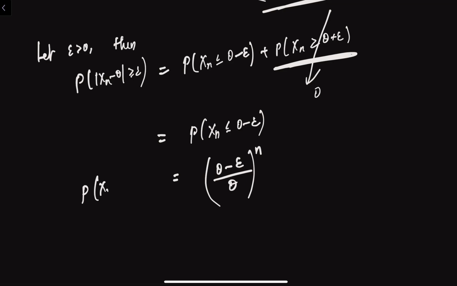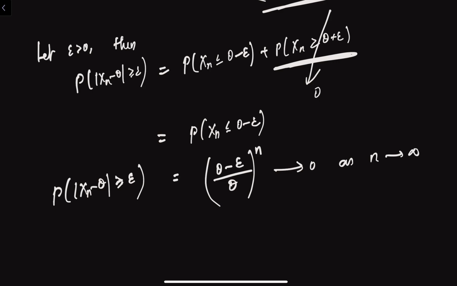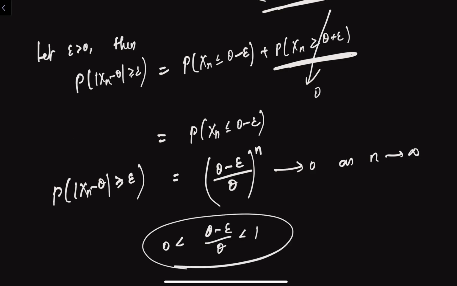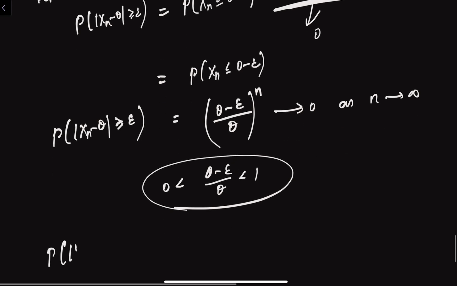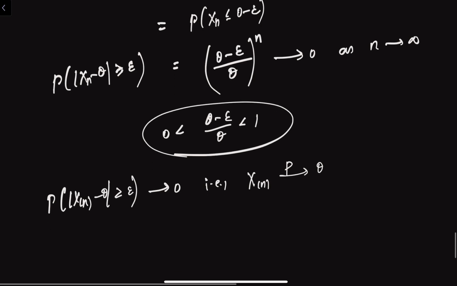So the probability of mod of Xn minus theta greater than or equal to epsilon is theta minus epsilon by theta whole to the power of n, and this tends to 0 as n tends to infinity, because theta minus epsilon by theta will always lie between 0 and 1. Therefore the probability of mod of Xn minus theta greater than or equal to epsilon tends to 0, that is, Xn tends to theta in probability.